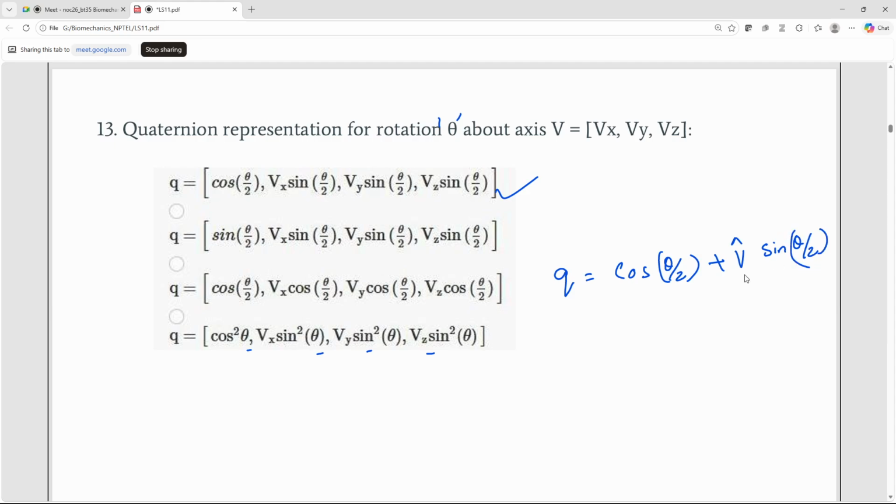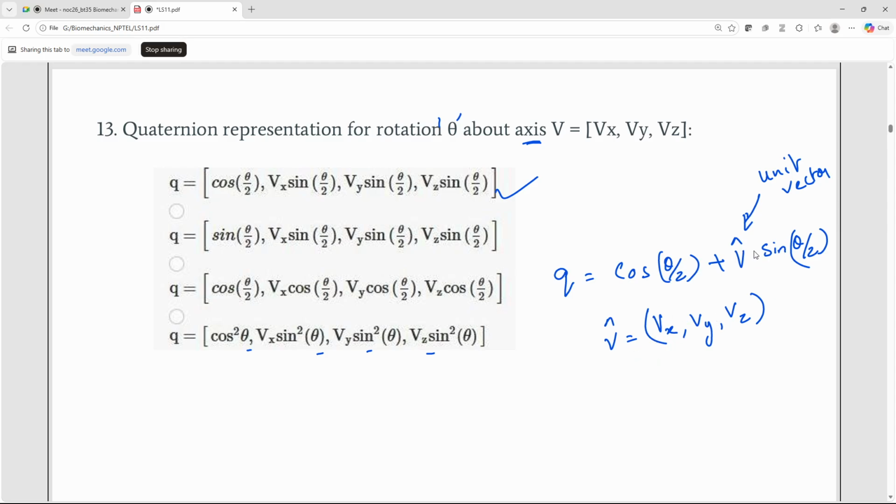Here V cap is the unit vector representing the axis of rotation, where V cap is Vx, Vy, Vz.